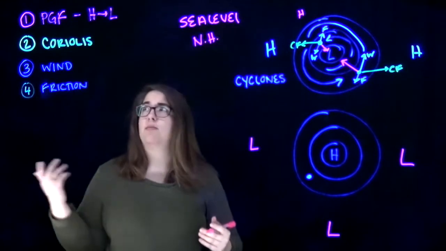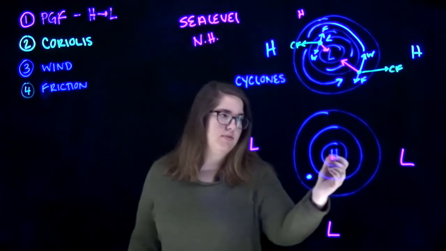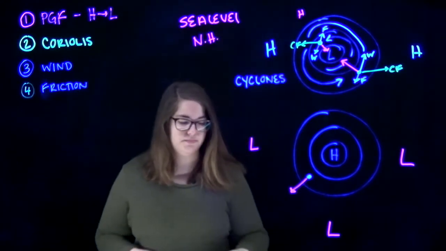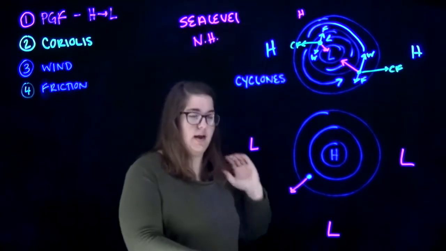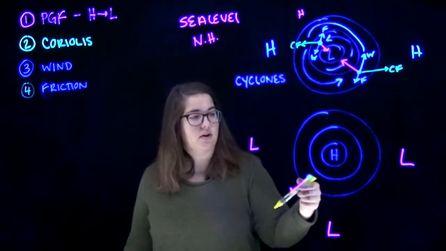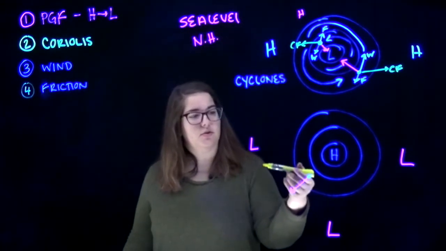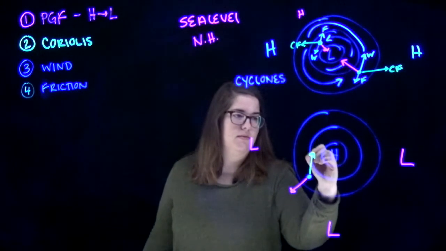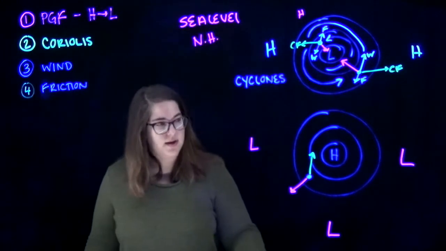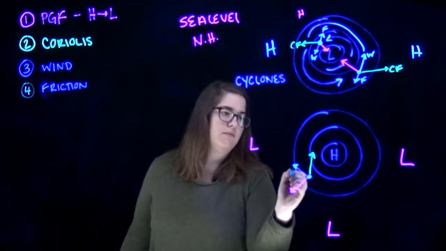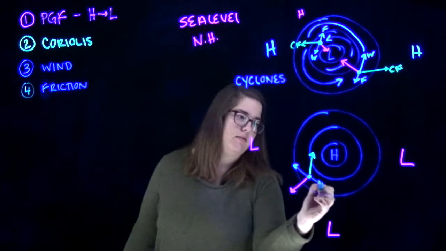So we can start by putting our pressure gradient force in from the relative high out to the relative low. In the Northern Hemisphere, still, our Coriolis force is going to start at our PGF and twist off to the right at some angle past 90. And we can still put our wind in the Pac-Man mouth here and friction behind it.